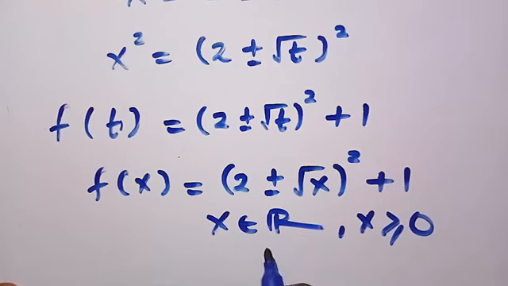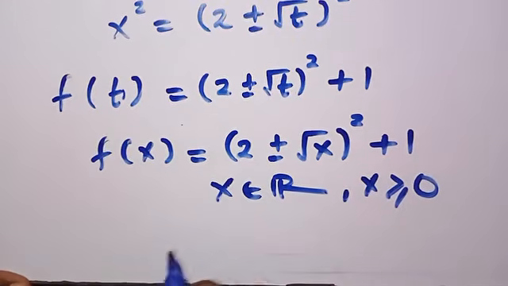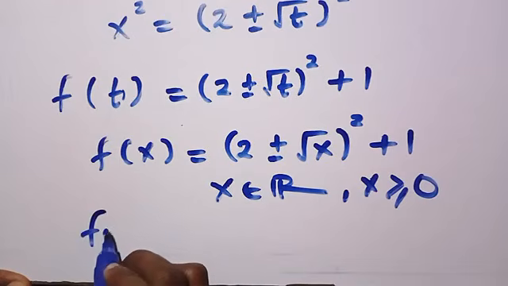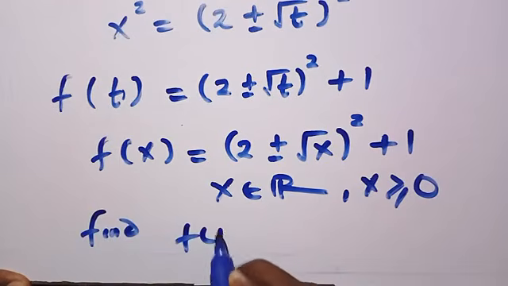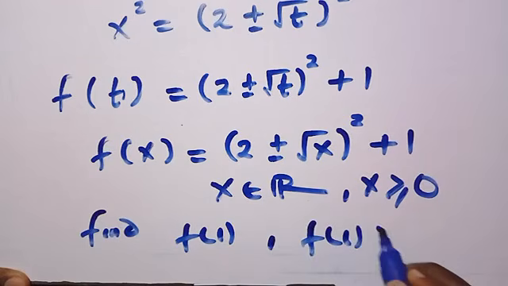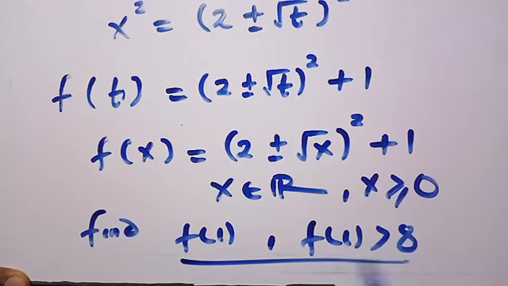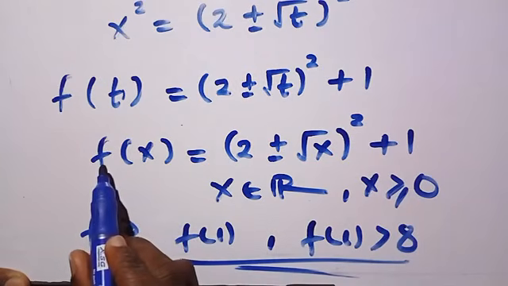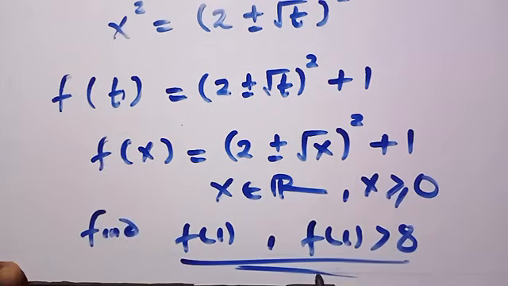After we have defined this, suppose the question later asks: what is f of 1 if f of 1 is greater than 8? How can we do this by substituting it in this function? Let's see how we do that.